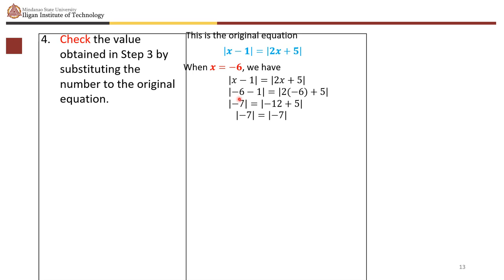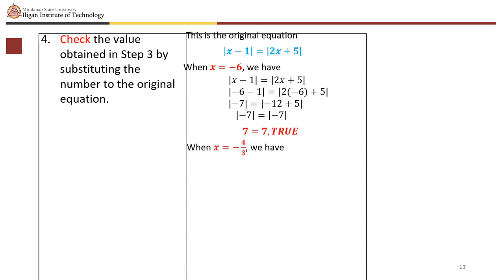So the absolute value of negative 6 minus 1, then you have 2 times, replace x here by negative 6, plus 5, absolute value. That should give us the absolute value of negative 7, and the absolute value of negative 12 plus 5. But that comes up to be the absolute value of negative 7 equals the absolute value of negative 7. And we know that that is actually equal to 7 equals 7, which is true.